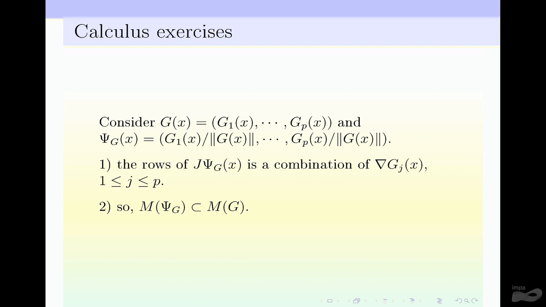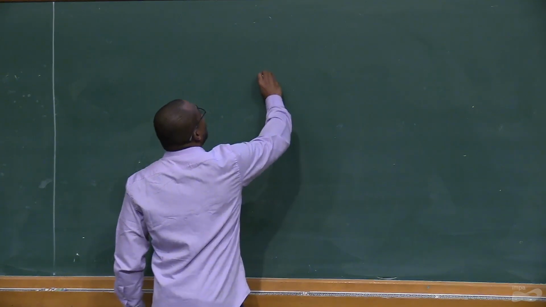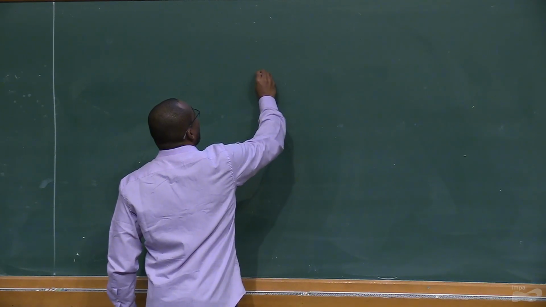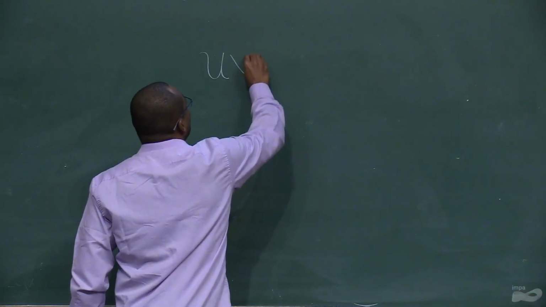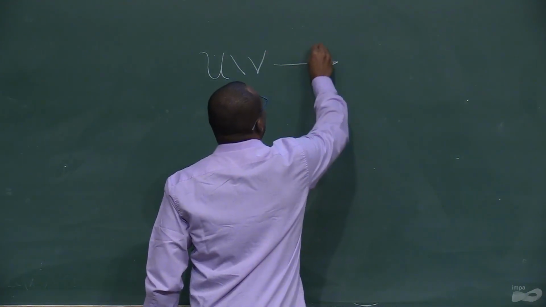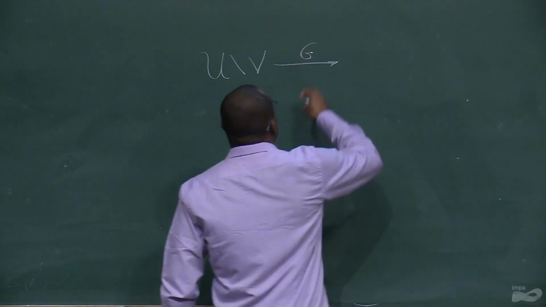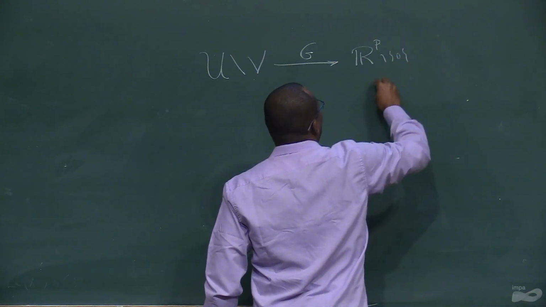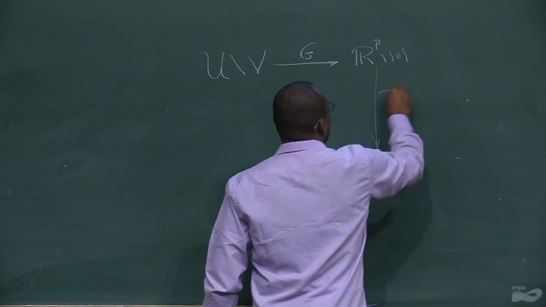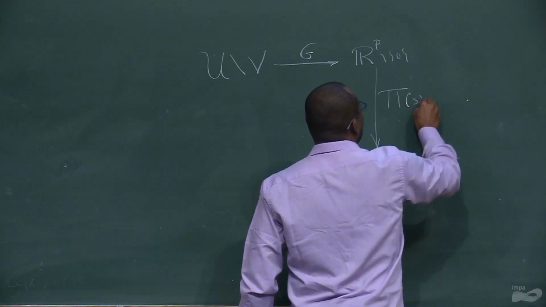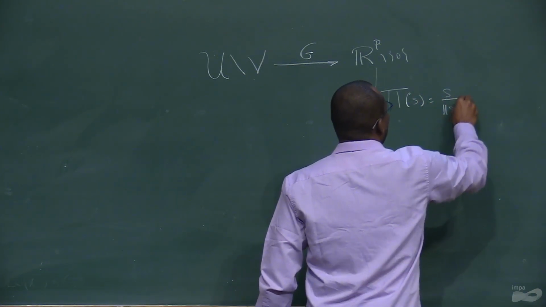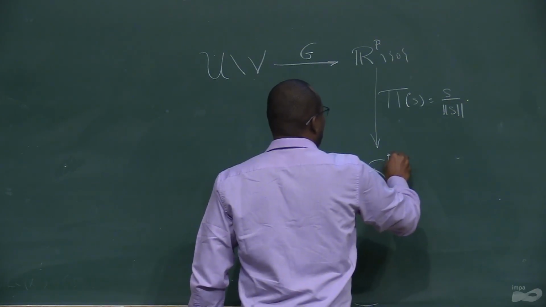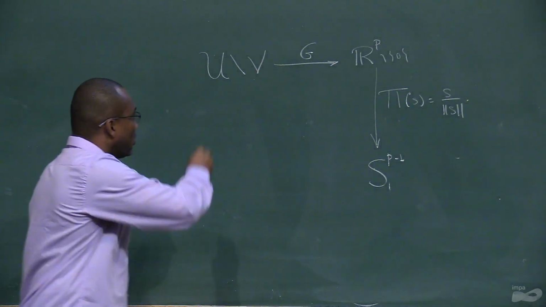Okay, let me just write these things down. We have U minus V, and you apply G to R^p minus the origin, where pi is the canonical projection, and here you get the one-dimensional sphere. This is a submersion.